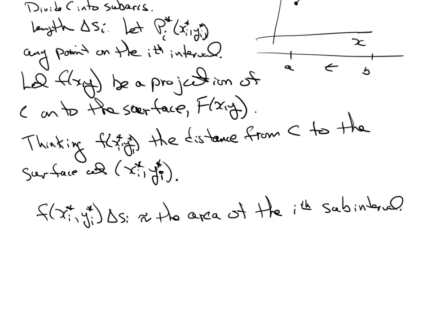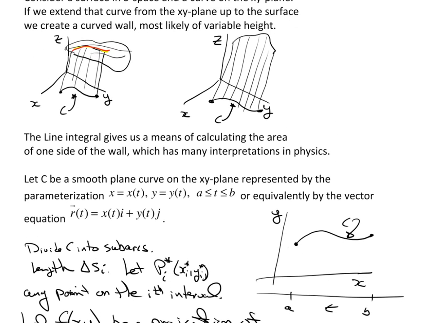So if I go back to this diagram I did earlier, I have some arbitrary point, say right here. There we go. So this is some arbitrary point x i star, y i star. Now F of x i, y i is going to be up here. So this is the height.